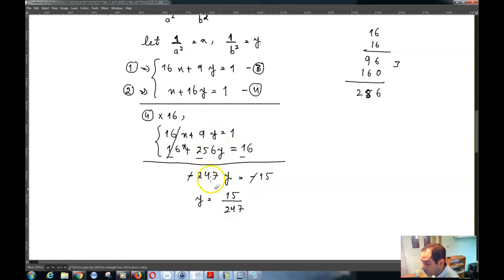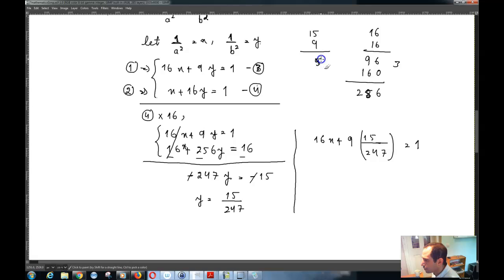And I can use this now over here, for example. I can write 16x plus 9 times 15 over 247 is equal to 1. What is 15 times 9? 135.